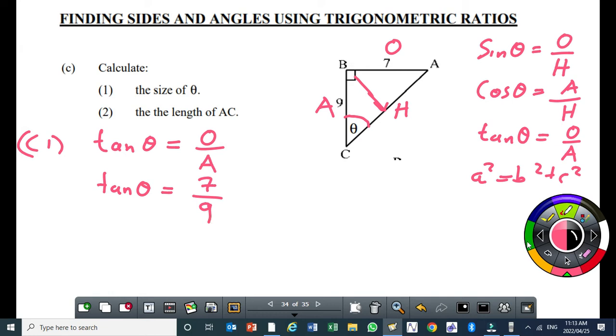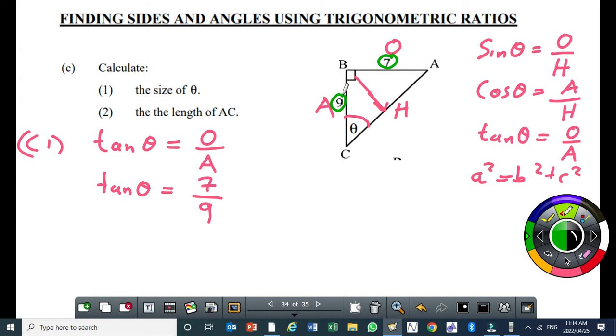I decided to use tan because the value of the opposite side is given, the value of the adjacent side is given. Okay? If you want to use sine or cos, it means that you have to calculate the what? The hypotenuse first, using the theorem of what? Pythagoras. Is that clear to everyone?